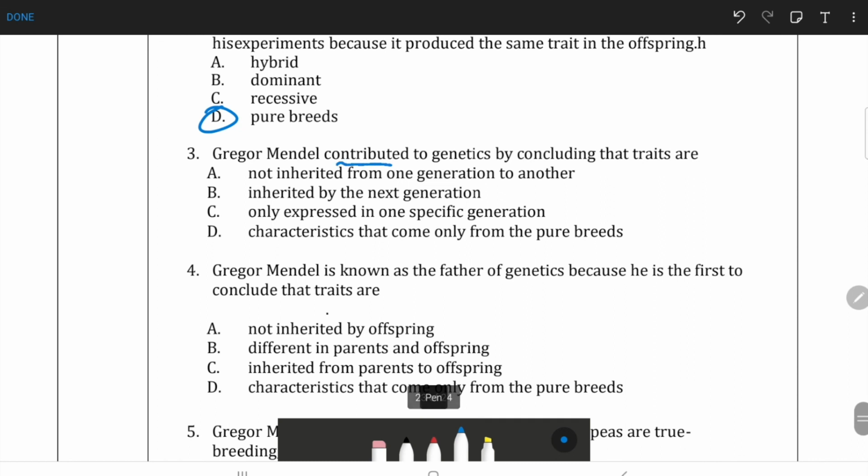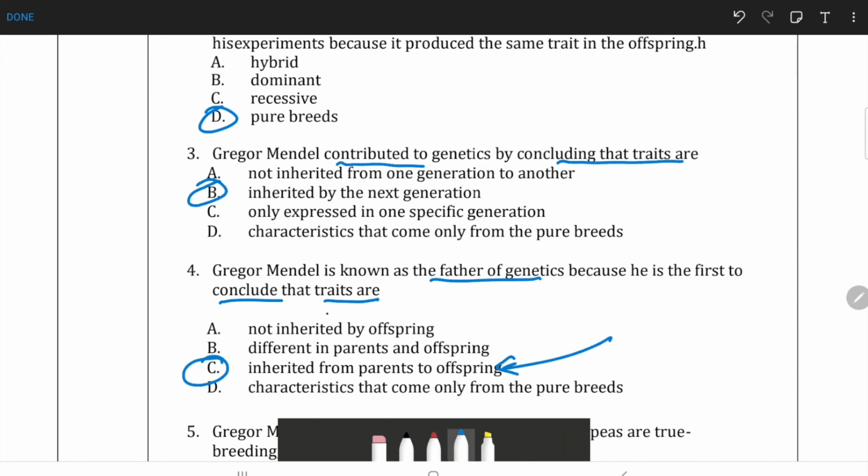Gregor Mendel contributed to genetics by concluding that the traits are inherited by the next generation. Okay, the traits are inherited by the next generation. Gregor Mendel is known as the father of genetics because he is the first to conclude that traits are inherited from parents to offspring.